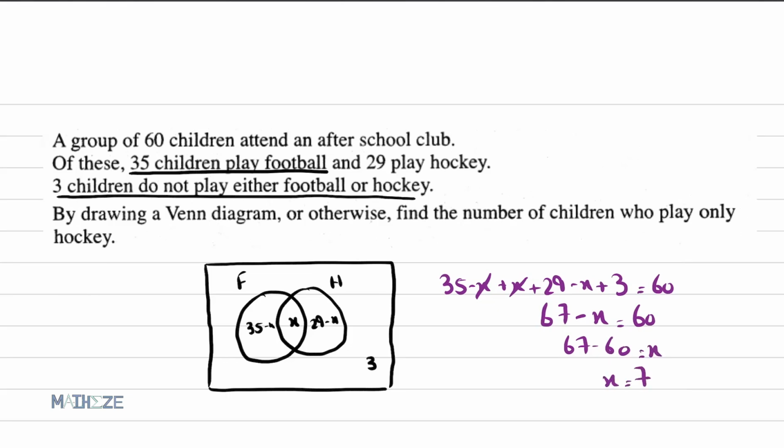But is the question asking for number of people who play both football and hockey? No. It says tell how many students play only hockey. So only hockey will be 29 minus x, which will be 29 minus 7. So that's 22. Do you get this?